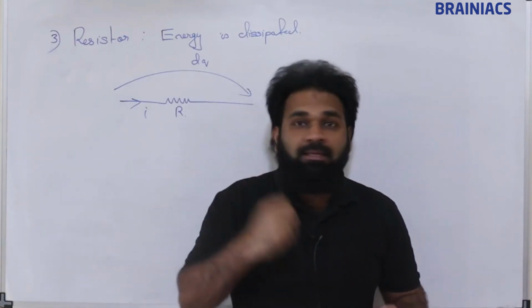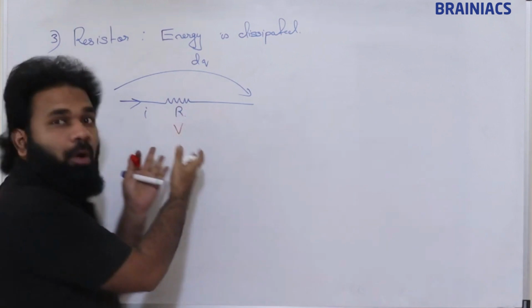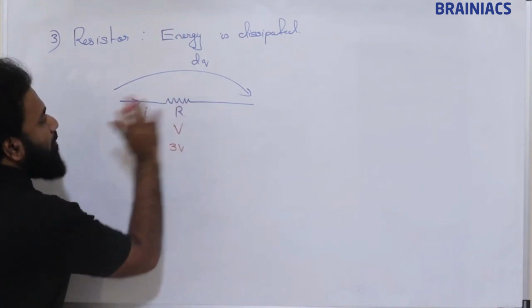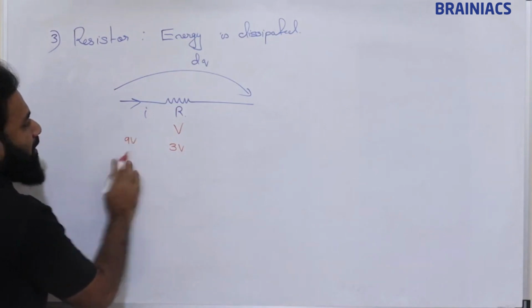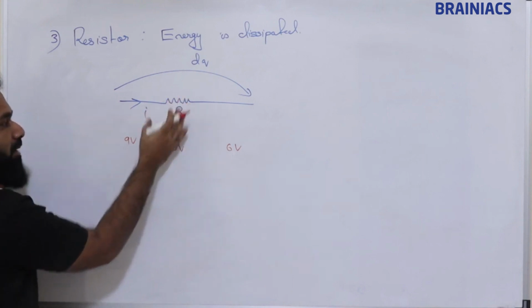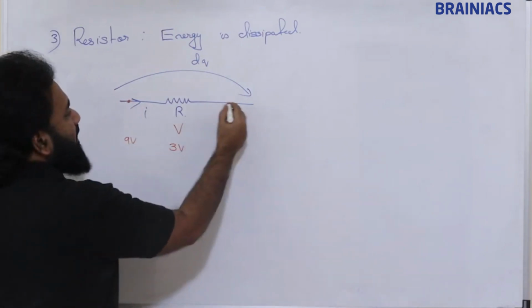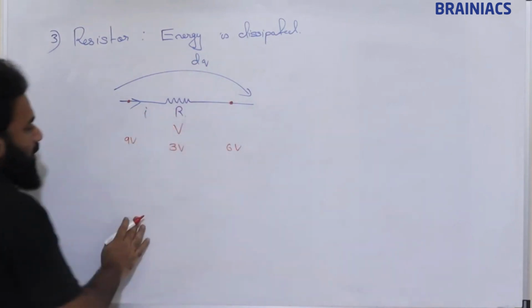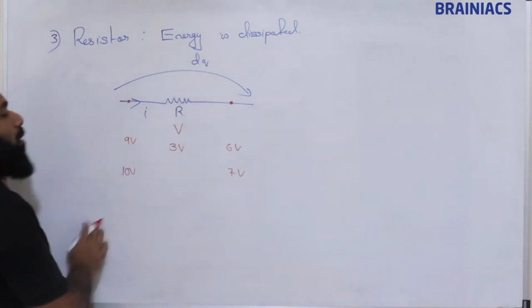For example, if 3 volt is dropped in this resistor and this terminal is 9 volt, then after the 3 volt loss in this resistor, the potential here is going to be 6 volt. Suppose if this is 10 volt, after 3 volt we are going to get 7 volt.